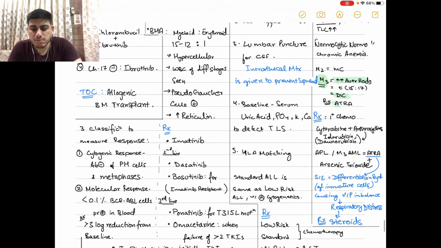Now in lumbar puncture, I already told you, we do a CSF test to see if there is CNS spread or not. In the lumbar puncture there is a risk the cancer can spread to other tissues as well. Like you will puncture the theca or the meninges in the spinal cord, and since it's a fluid, it can spread to other areas as well.